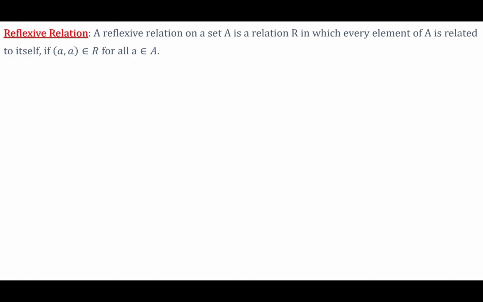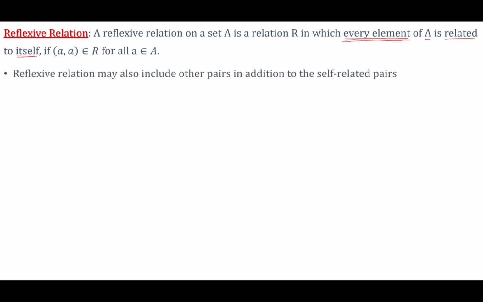Reflexive relation. A reflexive relation on a set A is a relation in which every element of set A must be connected with itself. This is an obligatory part. But a reflexive relation may also include other pairs in addition to the self-related pairs.